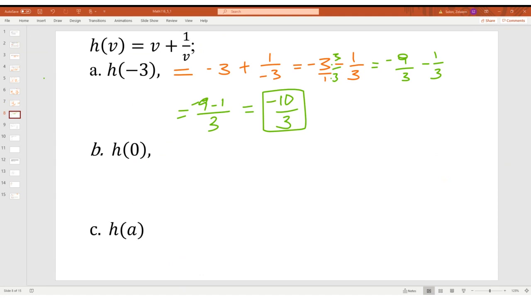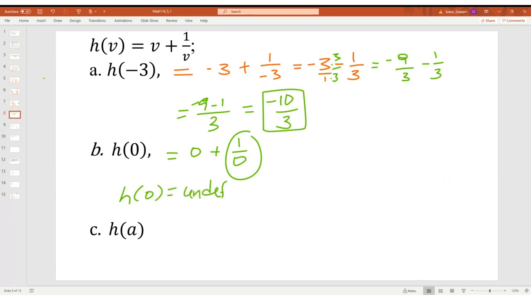Excellent, Abhi. Yeah, so if a number is divided by 0, it is undefined. So h of 0 is 0 plus 1 over 0. Because this is undefined, we said h of 0 is undefined.